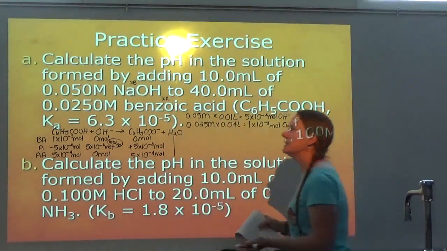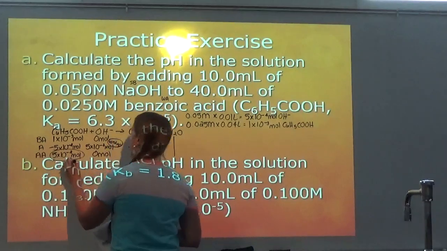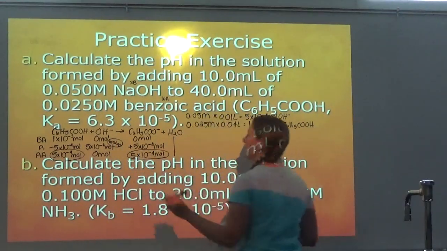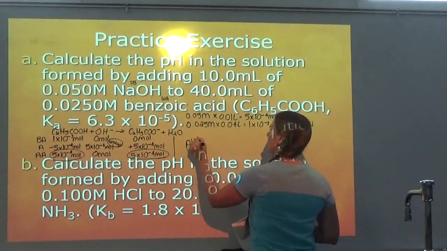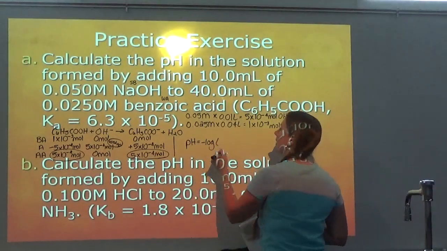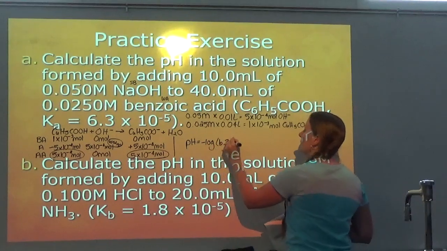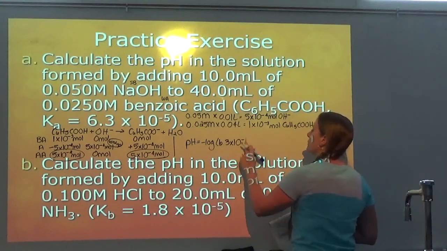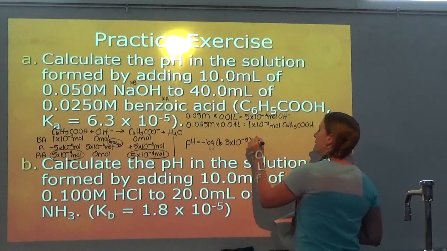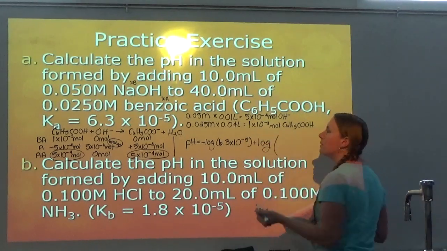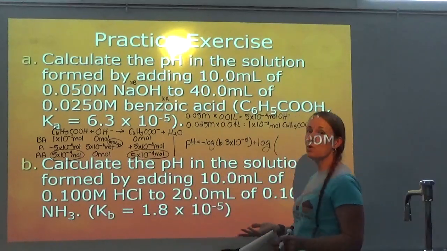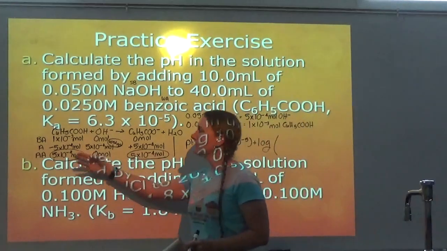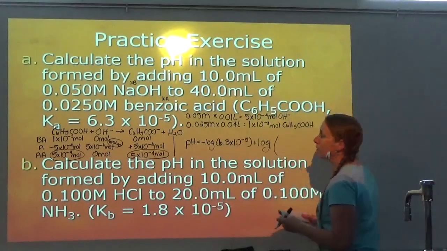Alright, so once I see, oh wait a minute, I've got weak acid and some conjugate base, that should make me think Henderson-Hasselbalch. Alright, so pH is pKa, which remember just means negative log of Ka, which is 6.3 times 10 to the negative 5, I almost wrote 4, plus log of my conjugate base. Now remember, normally we plug in concentrations, not moles, but we would divide each of them by the same volume, so the ratio remains the same.